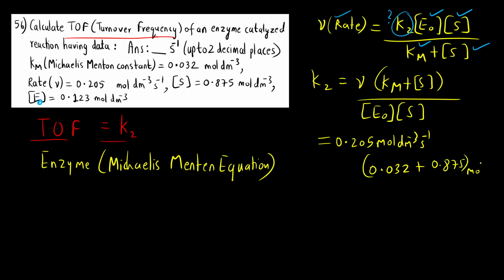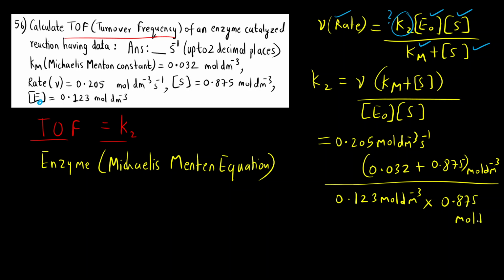Unit is mole per dm³, divided by enzyme concentration 0.123 mole per dm³ into substrate concentration 0.875 mole per dm³.